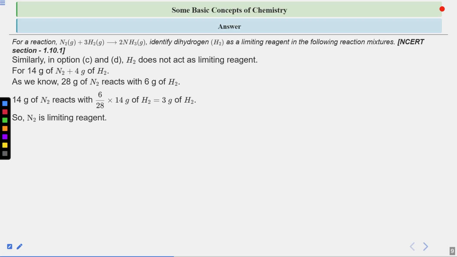Hence, here also, H2 is present in a greater amount than required. Therefore, N2 is the limiting reagent. Coming to the last option, we have 28 grams of N2 and 6 grams of hydrogen, which is the molar equivalent required according to the equation. So here, there will be no limiting reagent.